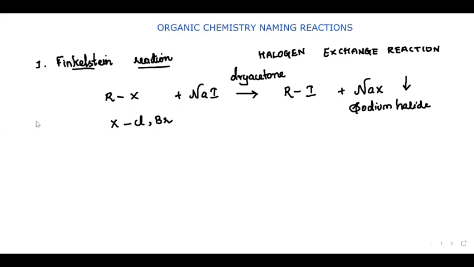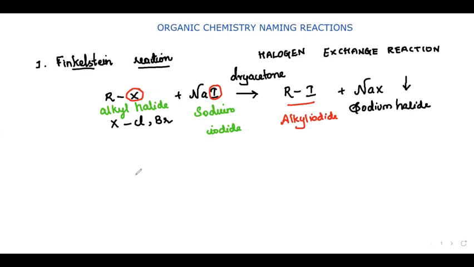Okay, coming to the Finkelstein reaction, what is the reactant we are going to take? Alkyl halide. This halogen can be chloride or bromide, and another important reagent we are using is sodium iodide. This I group replaces the halogen. This X is replaced by I, and we will get RI, that is alkyl iodide.